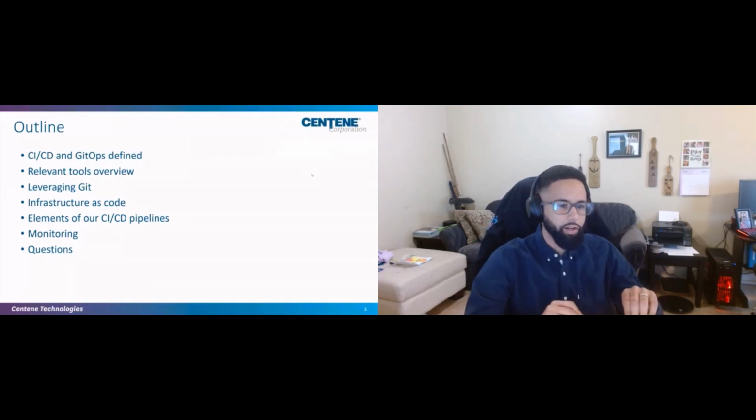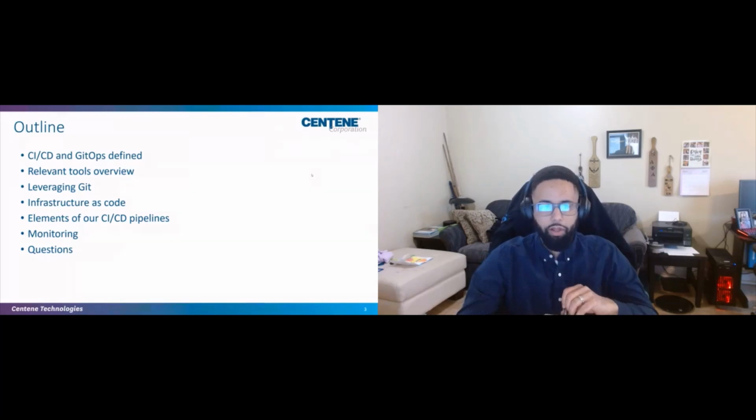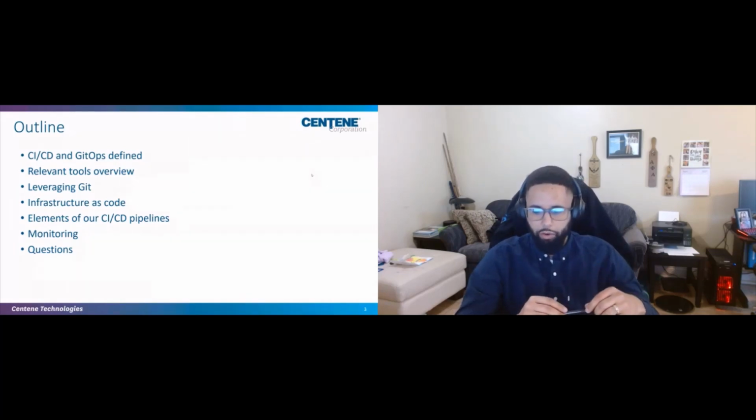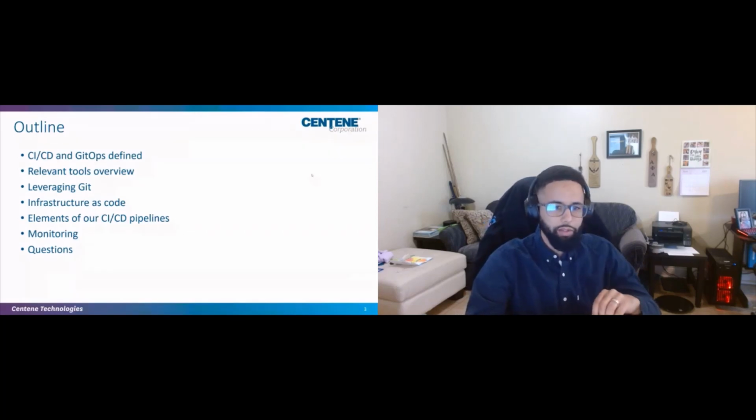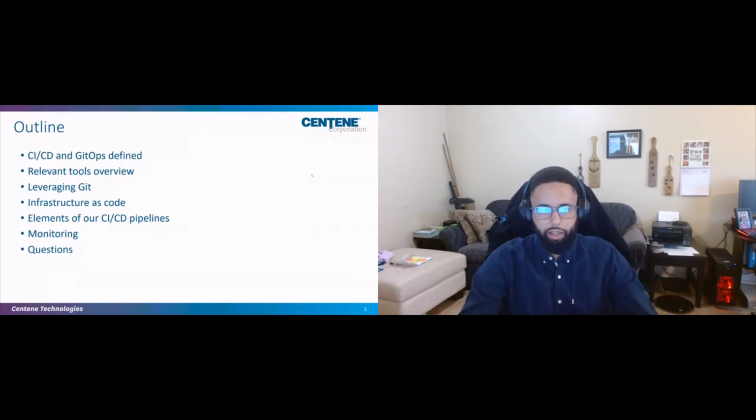I'll talk about infrastructure as code, which is the concept of how we define how our deployments will play out just by declaring them in scripts. And then I'll talk about some of the elements of our CICD pipelines and how we monitor our applications in production. And then I'll finish up with some time for questions.